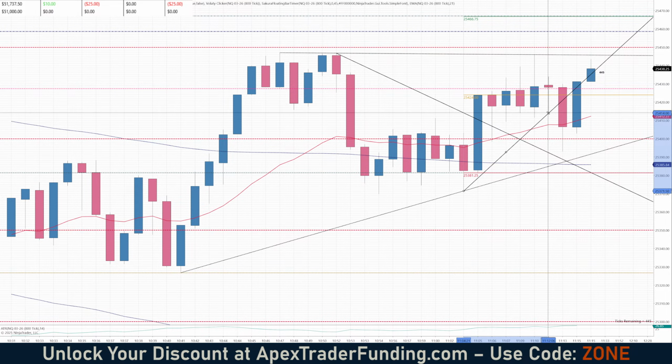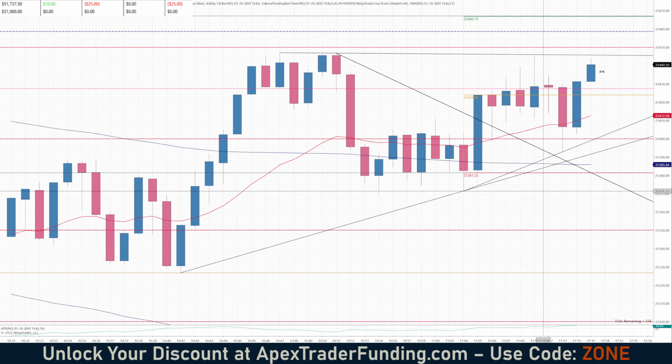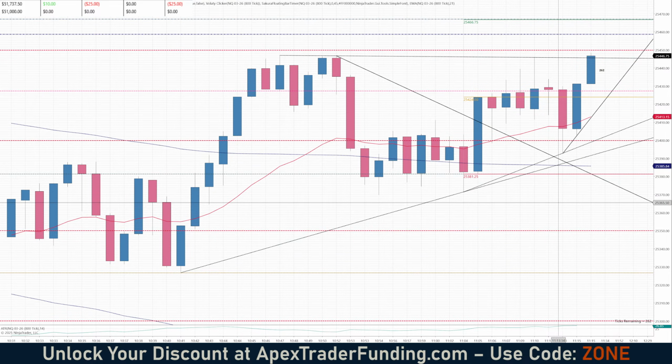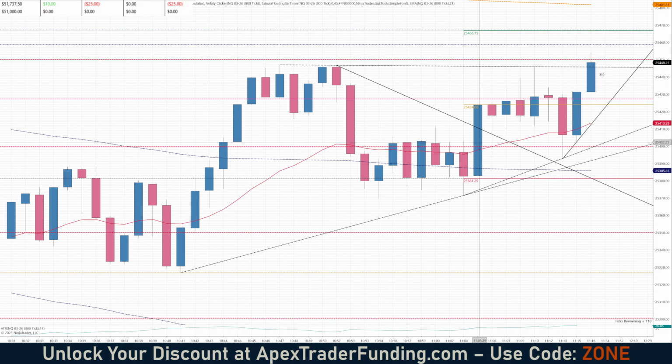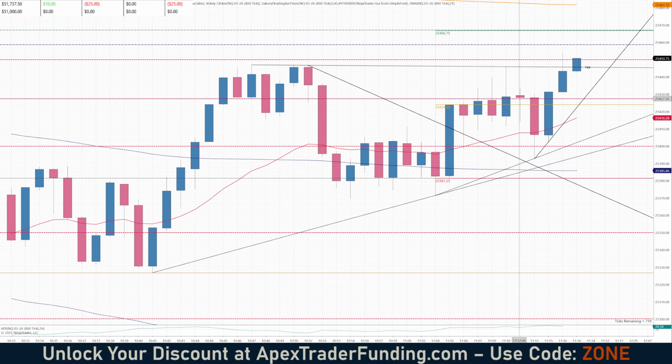All right, so we have two types of trend lines now. We have this one, which is the macro trend line, and we have the micro trend line. Okay, we're trying to break through the EMA now, and we're trying to break through these highs, which we did, but can we close and get a continuation higher?